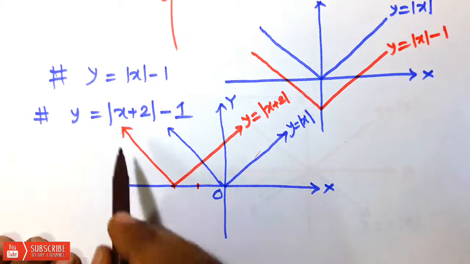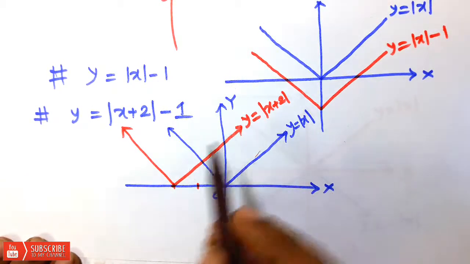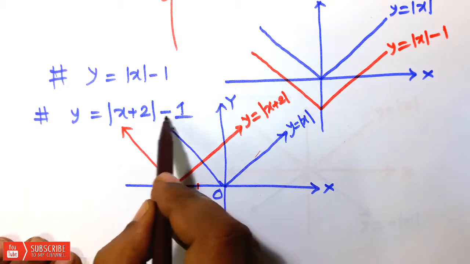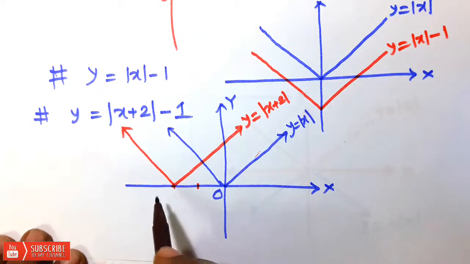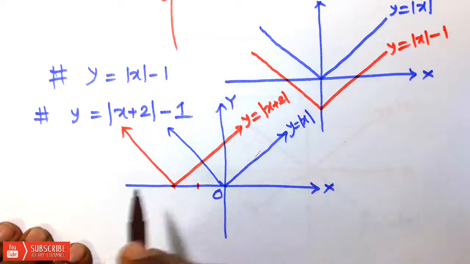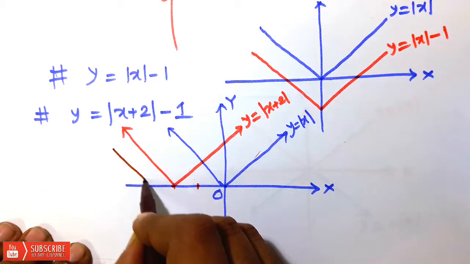So simple, you have the graph of y is equal to modulus of x plus 2. Now you are drawing the graph of y is equal to modulus of x plus 2 minus 1. That means this red marked graph will be shifted 1 unit below. So it will look like this one.